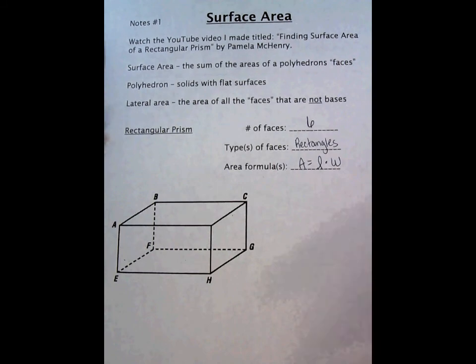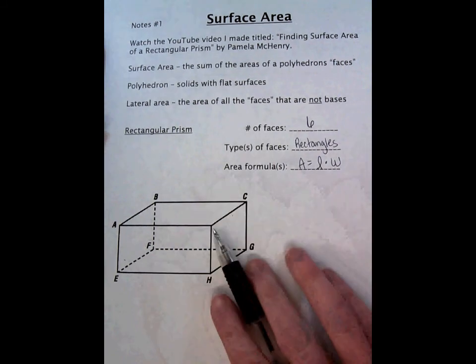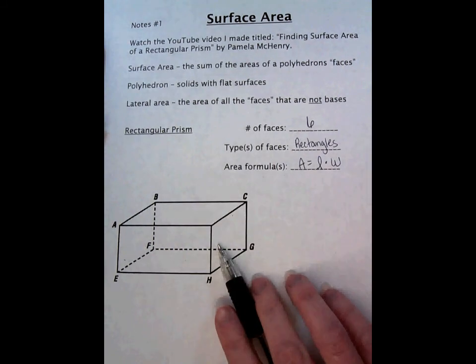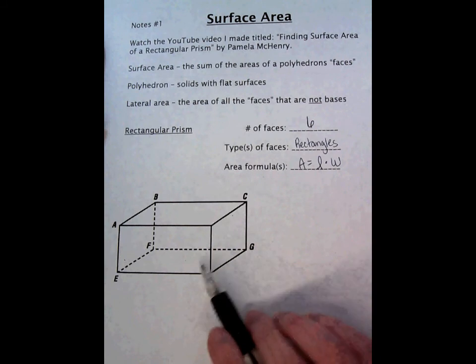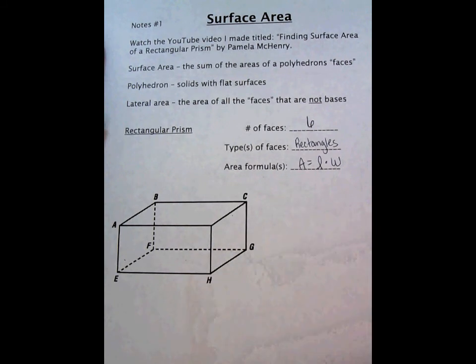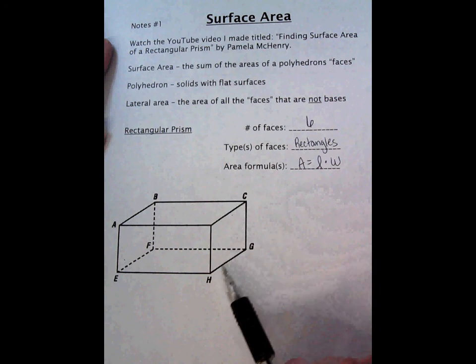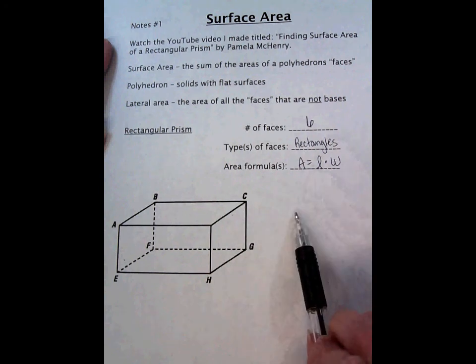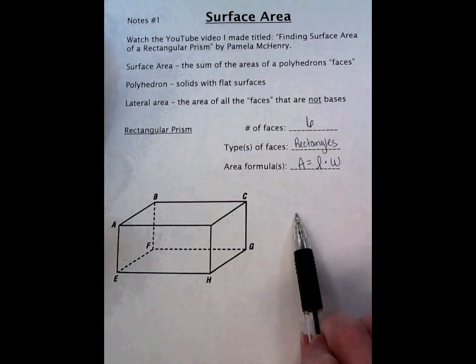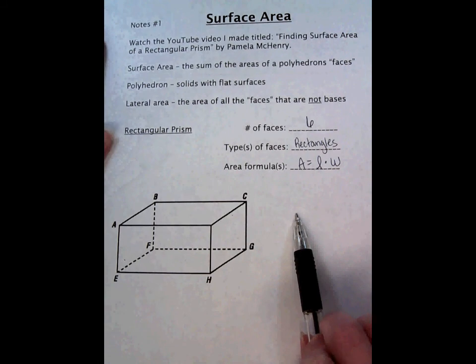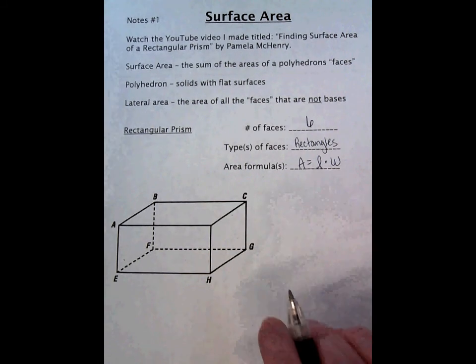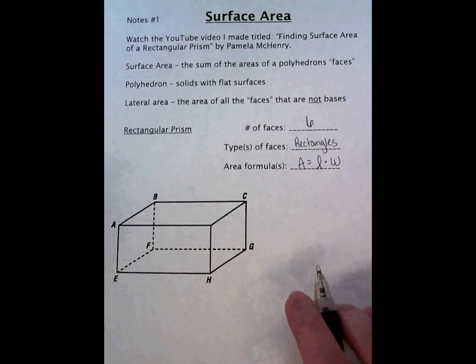So on here, we're going to find the surface area, almost like you were wrapping a present. What would be the amount of wrapping paper you would need to go around this rectangular prism? And so we will have to find the area of each of the 6 faces and then add them all together, and that is what we have called surface area. So in this case, I'm going to give you some dimensions.